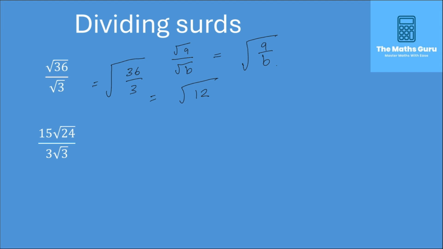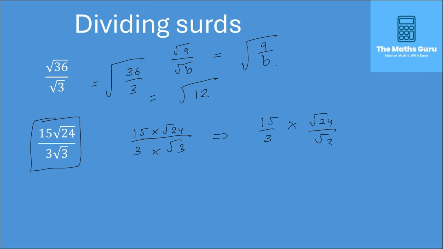Now, looking at a slightly harder version of this, we're going to see 15 root 24 over 3 root 3. The way you can attempt this question is to isolate the numbers and the surds. So we can write this as 15 over 3 times root 24 over root 3.